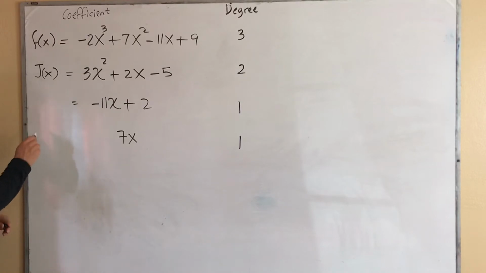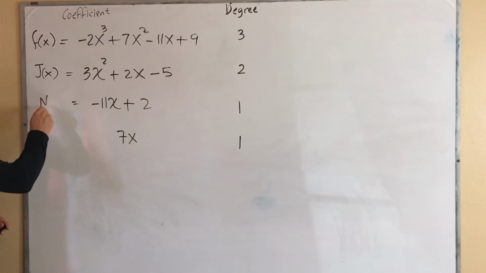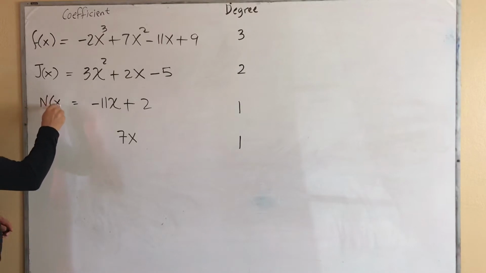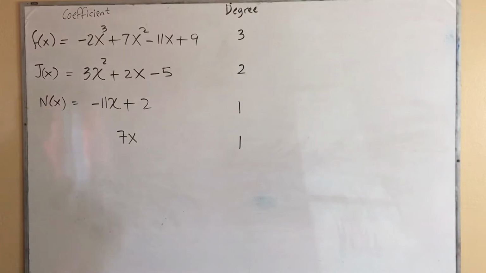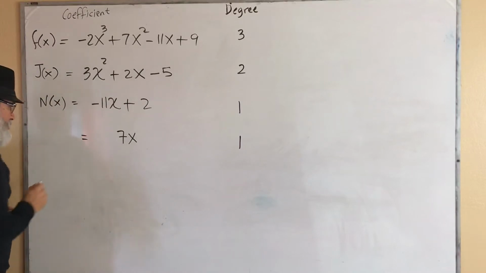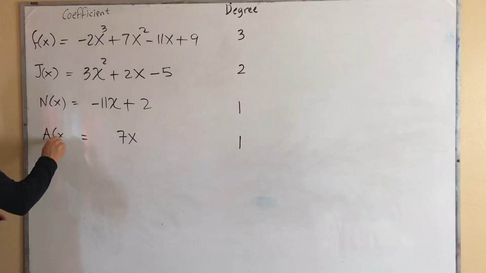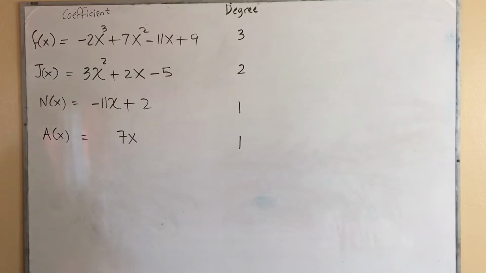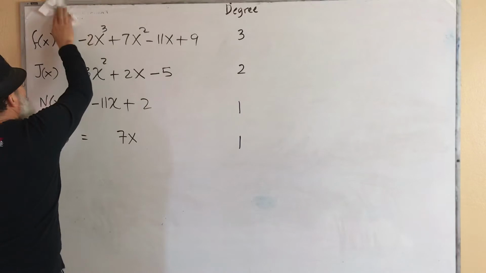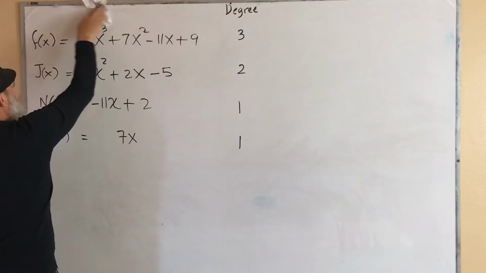Norma of x. And this buddy right here, what should I call it? Should I call it Anna? Anna of x. You see? These are function names. Okay?